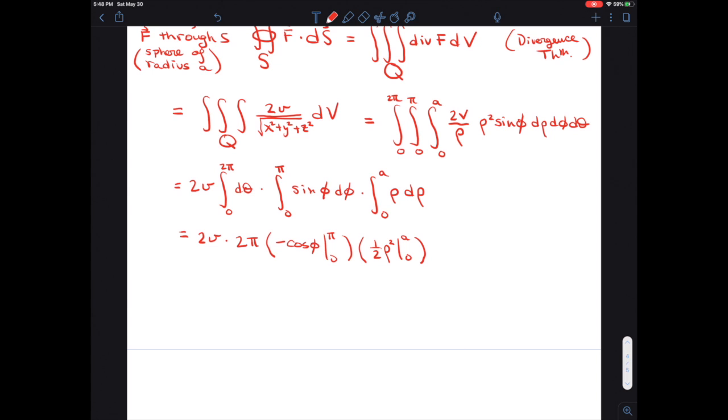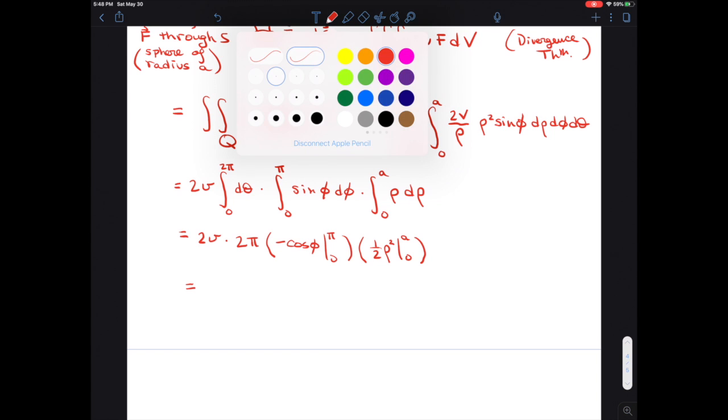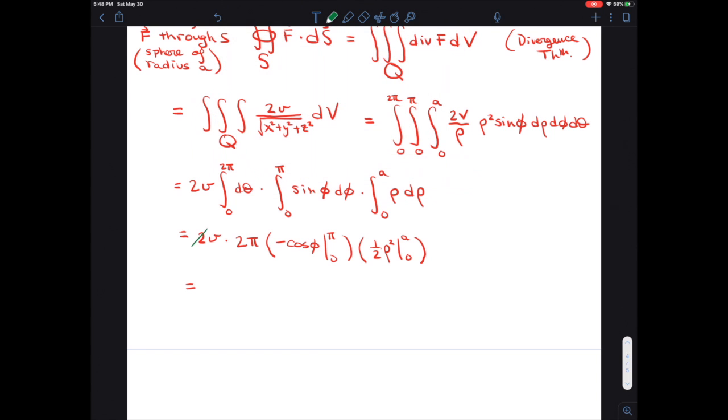Okay, so let's see here. I think we can cancel one of the twos, so I'm going to just get rid of one of these. And the cosine, you get the negative cosine. So you've got 2v pi, I guess.